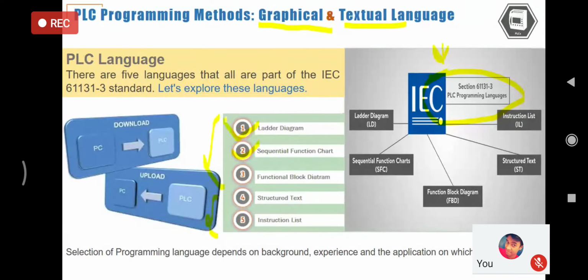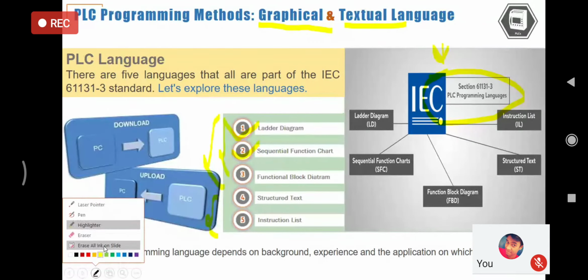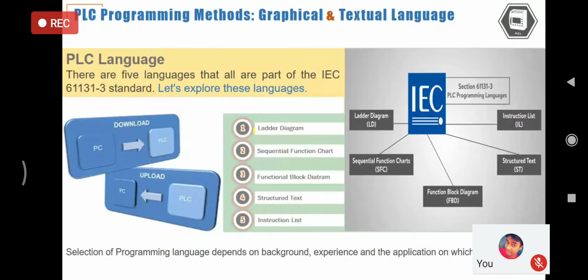These three forms make up the graphical category. The textual languages we are considering here are structured text and instruction list. We will be learning how these languages are used to program the PLC.